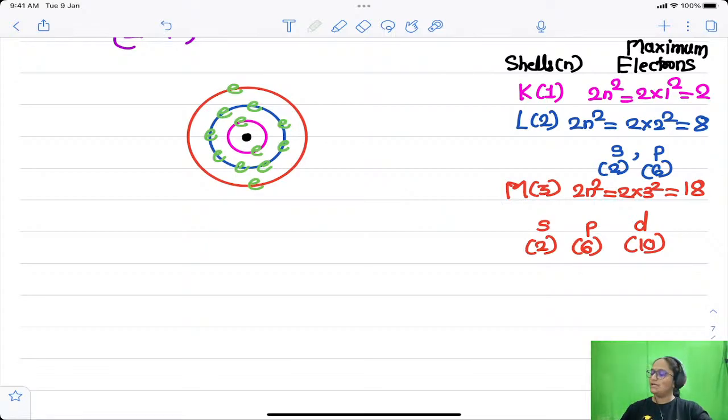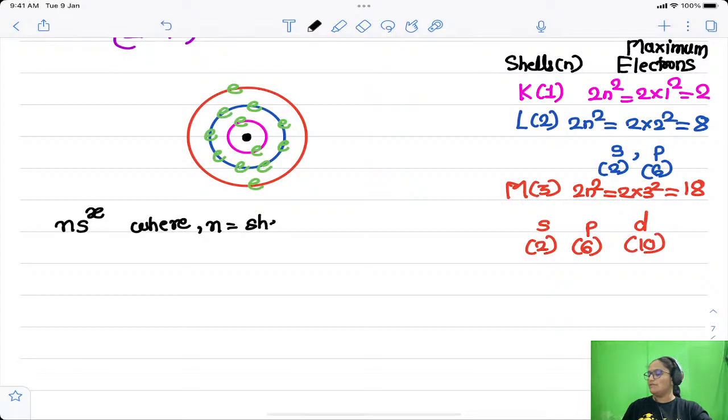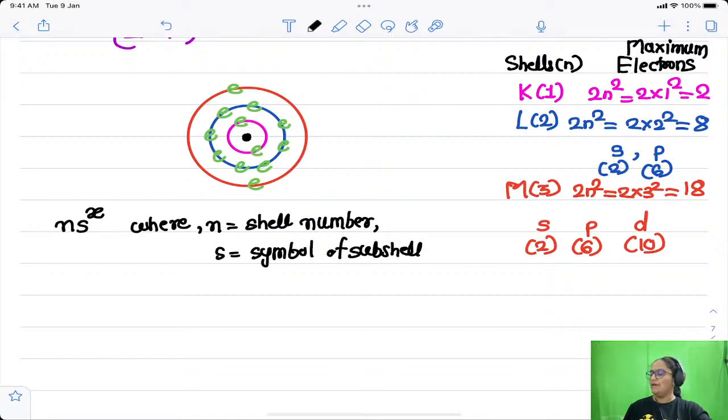Now let us see how to write down the electron configuration. For electron configuration, I have given you this formula, ns raised to x, where n is the shell number in which that electron is present, s is the symbol of the subshell, as subshells have different symbols, s, p, d, f, and x is the number of electrons in that particular subshell.